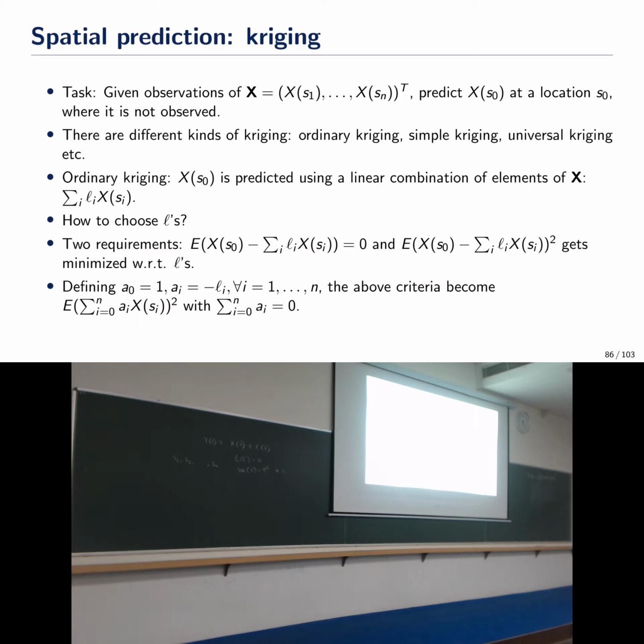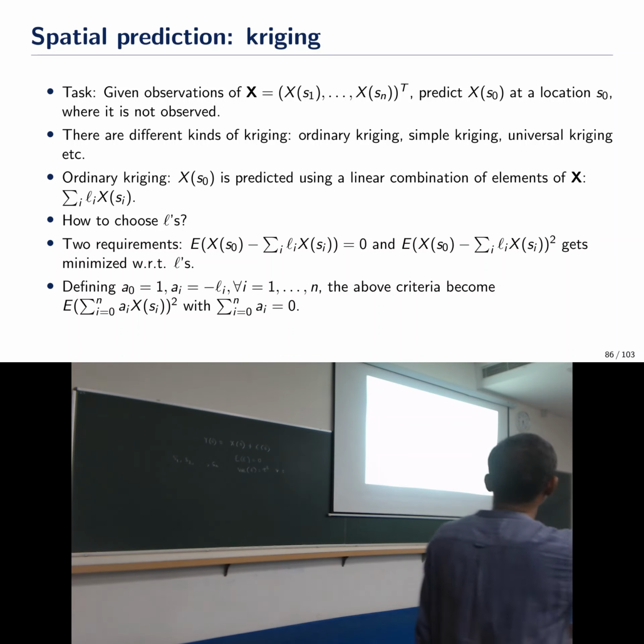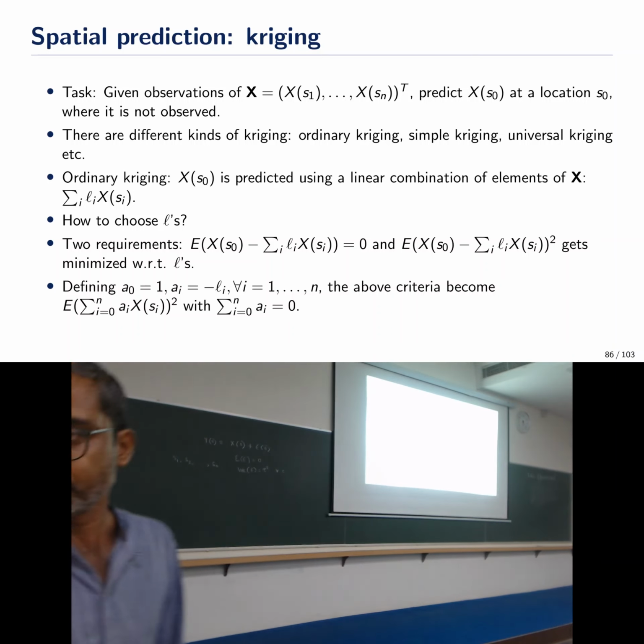Now why is this called kriging? This is to honor a particular person called Krige, who first published the paper where he used the concept of this spatial prediction for mining. He was working with data which relates to mining, and Matheron, to honor Krige, called this spatial prediction kriging.